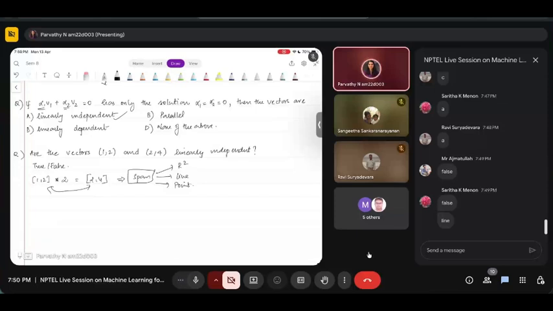Then it will be a line, because this is R2 and 1, 2 will be this vector, and 2, 4 will be this vector. I didn't draw it properly, but it is a line.